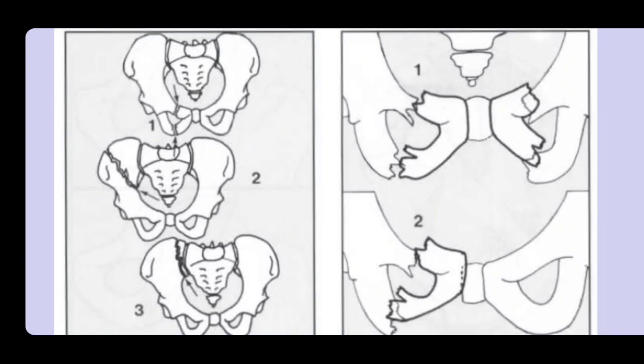Another type of A2 fracture, on the right side, is the so-called butterfly fracture. So we have this fragment which is usually displaced but not significantly, and these fractures can occur usually from anterior-posterior compression.